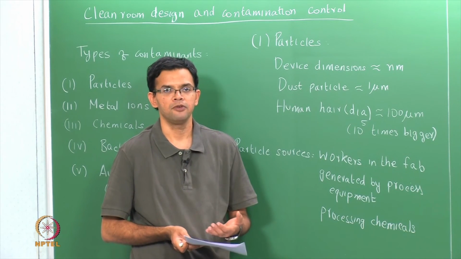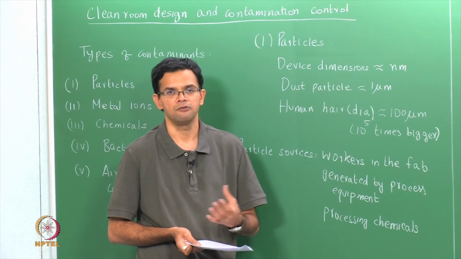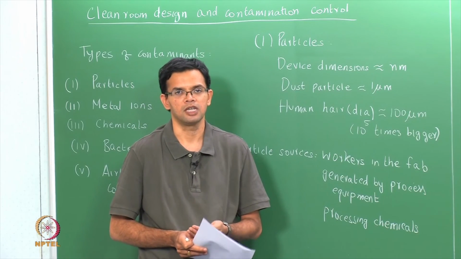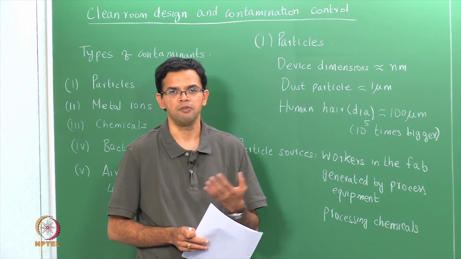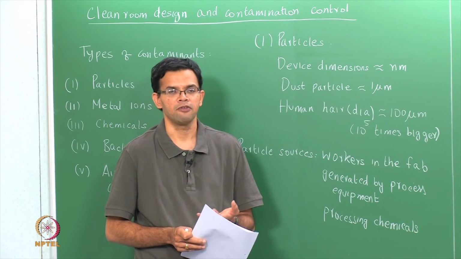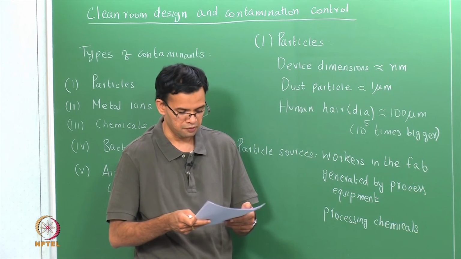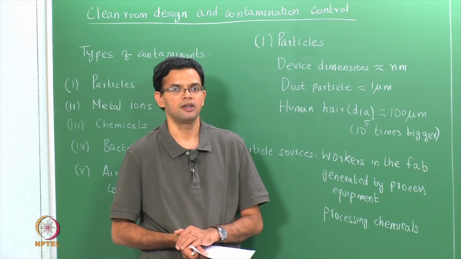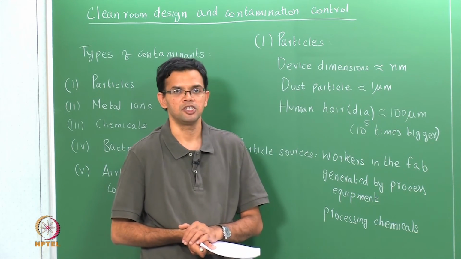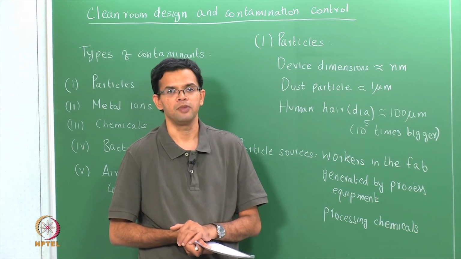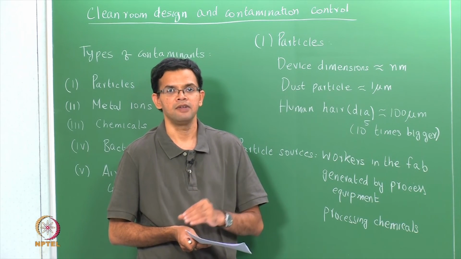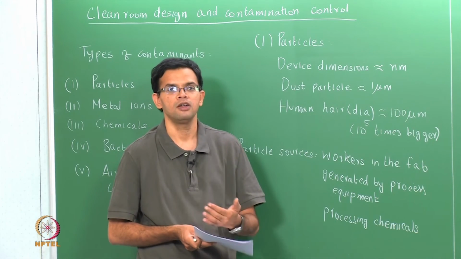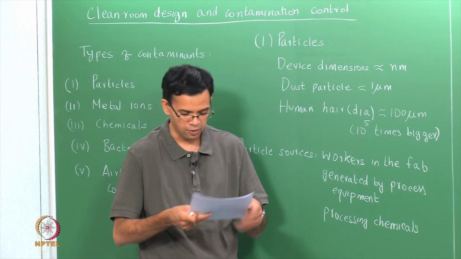So for example, if you have a metallic defect in the case of wafers, then one particular source of the metallic defect can be the process equipment. So this is something that can be used in order to troubleshoot the equipment and to remove the source of the defect. Generally when we look in the case of semiconductors, we said that the device dimension is of the order of nanometers, which means particle sizes should also be smaller or of the order of nanometers.